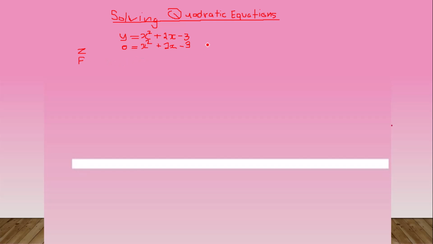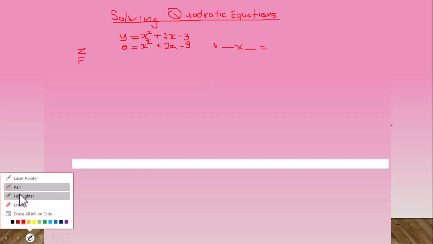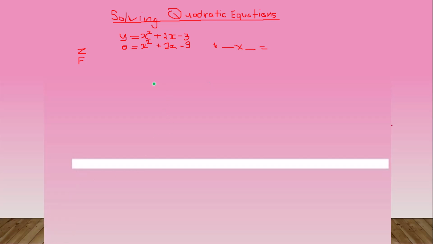To factorize, we find 2 numbers that multiply to give the c value, the constant, -3. And those 2 same numbers must add to give the b value, which is the coefficient of x.